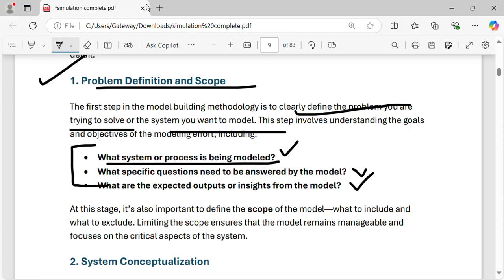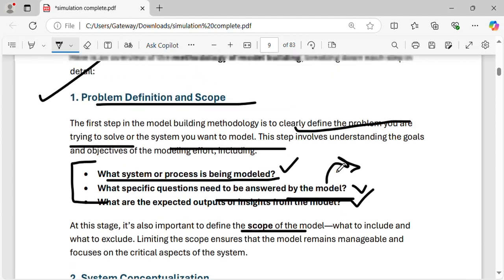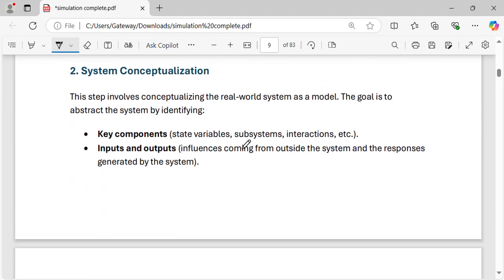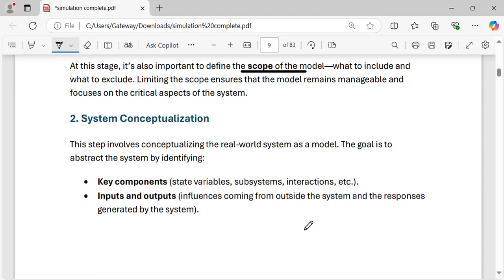In other words, the specs of the system. What specific problem does the model answer, and what output should it show, right? So it also defines the scope. We have understood it in the previous video, but this is a more detailed version.